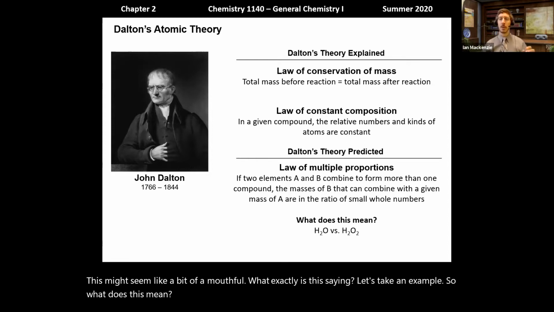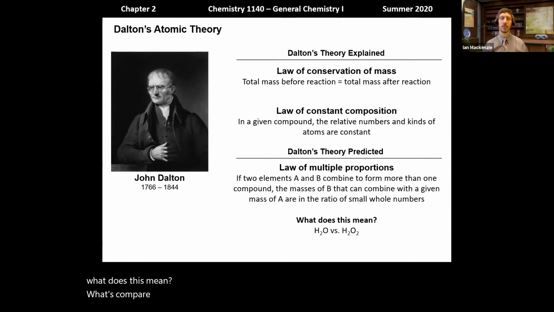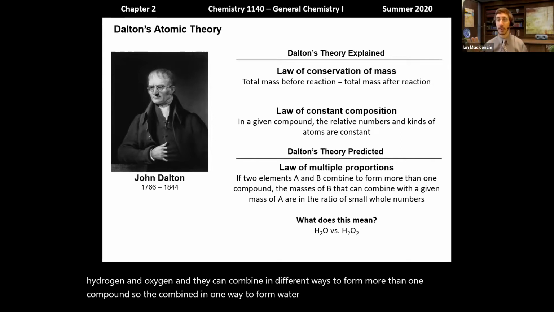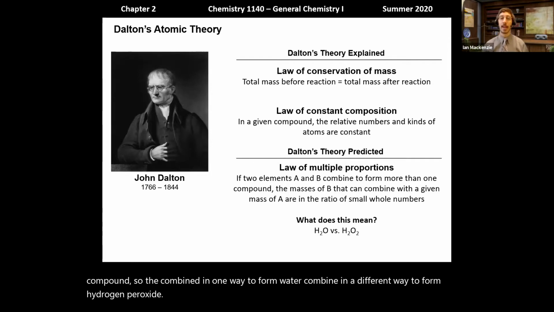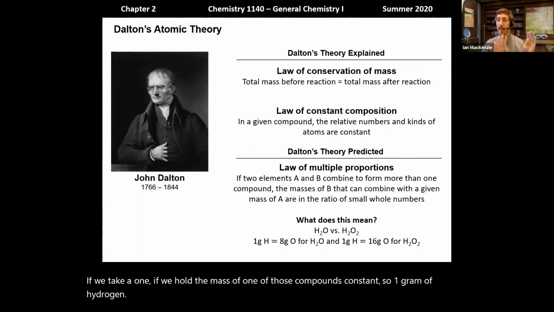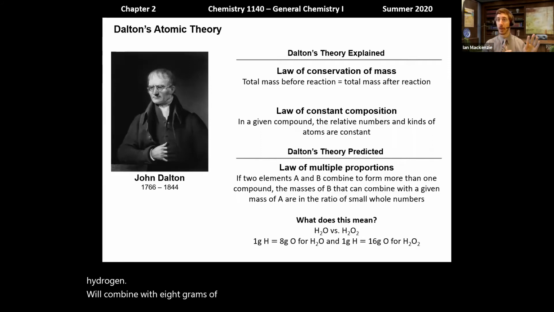Well, let's take an example. Let's compare water, H2O, versus hydrogen peroxide, H2O2. Now, these are the 2 elements, A and B, hydrogen and oxygen. And they can combine in different ways to form more than one compound. So they combine in one way to form water, and in a different way to form hydrogen peroxide. If we hold the mass of hydrogen constant, 1 gram of hydrogen will combine with 8 grams of oxygen to form water.